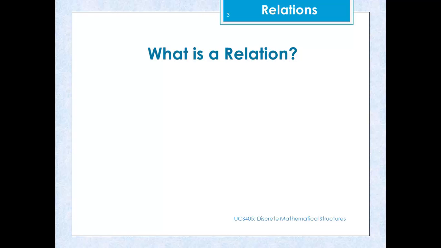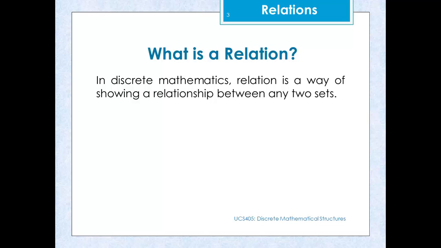Now we can relate these examples to our topic, relation in discrete mathematics. In discrete mathematics, a relation is a way of representing relationship between any two sets. Let us see some more examples of it.